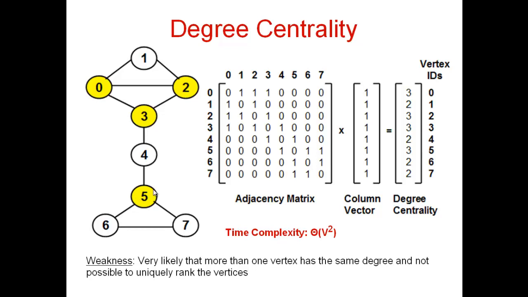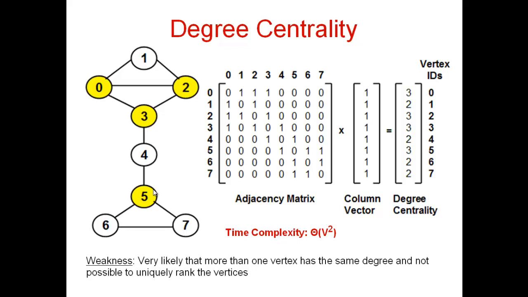So one weakness with the approach is, when you want to rank, you want to have an unambiguous ranking, in the sense that you would prefer no two vertices to have the same value for the centrality metric. If two vertices have the same values, there's a tie, like this: 0, 2, 3 and 5.